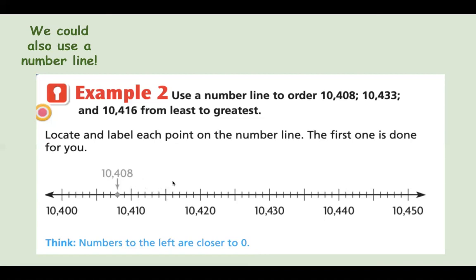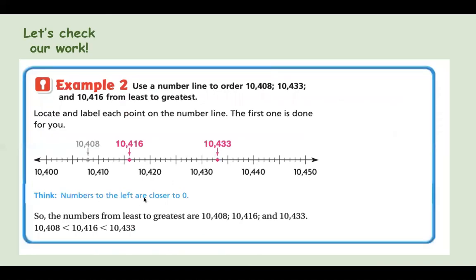And then one more would be our 6. So that would be 10,416. So let's see if we got them right. And there it is. So our first one we said goes here, and the next one goes here. So now look at, they're all in order from least to greatest for us just by putting them on a number line.